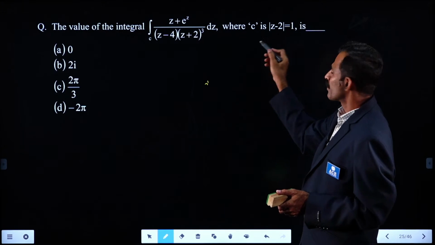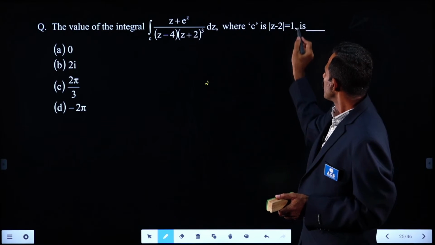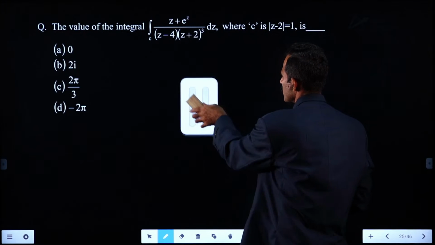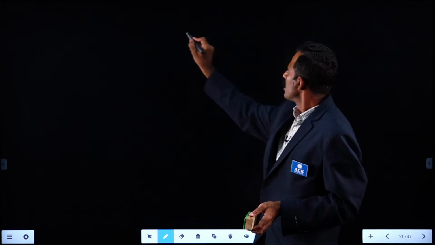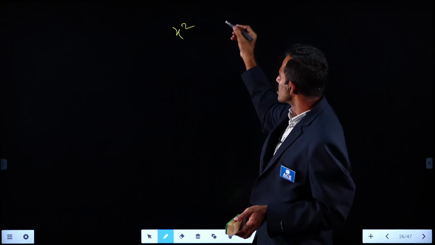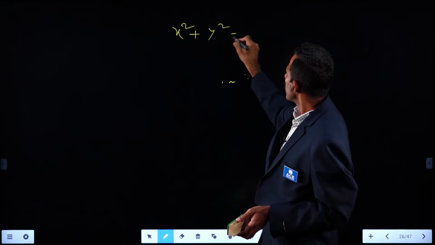Now it is the equation of the circle. Already we know that the equation of the circle with the center at origin and radius r is x square plus y square equal to r square.